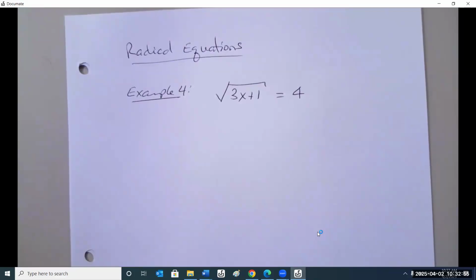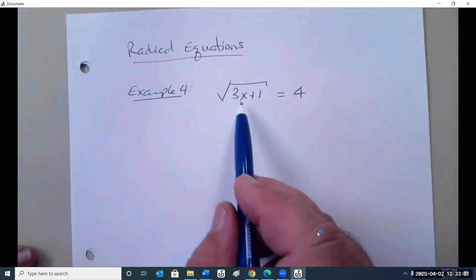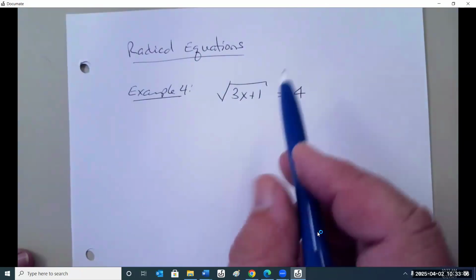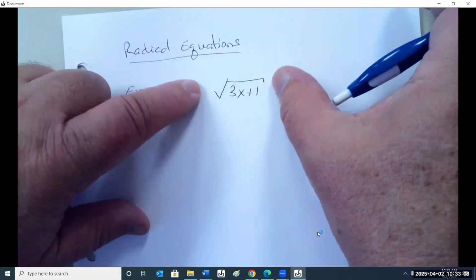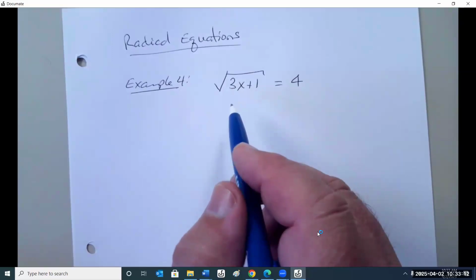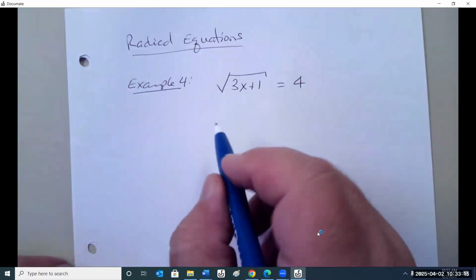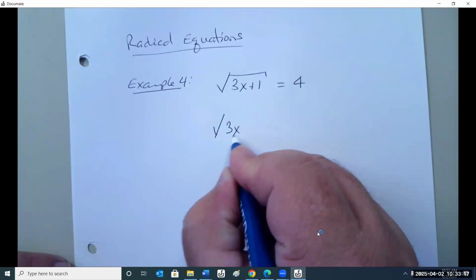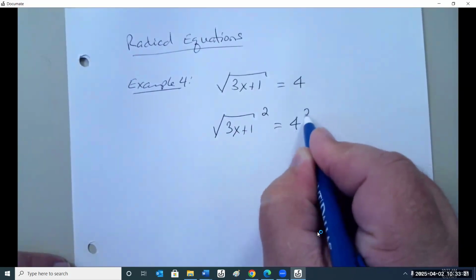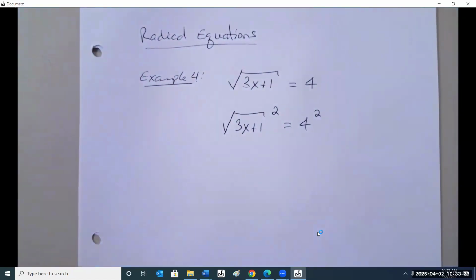How do we solve this one? How do we get to the x? What do we have to get rid of? There's no plus or minus on this side. So let's get rid of the square root. How do we get rid of the square root? Square both sides, exactly. So the square root and the square cancel.